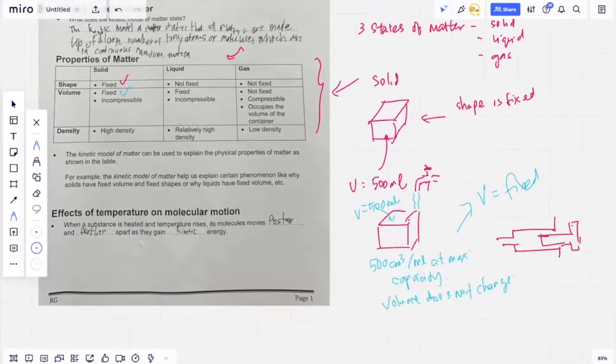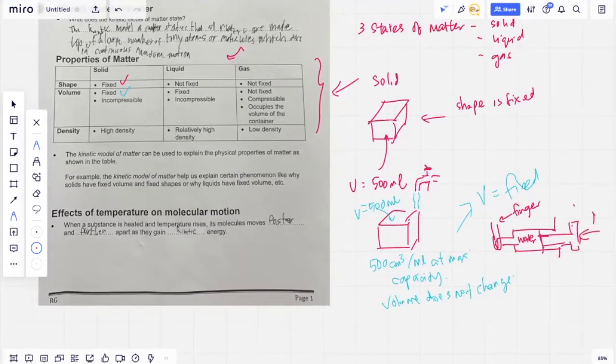Have you seen this kind of object before? Okay. So I fill it up with water. Then I put my finger here. Sorry, pardon me, bad drawing.